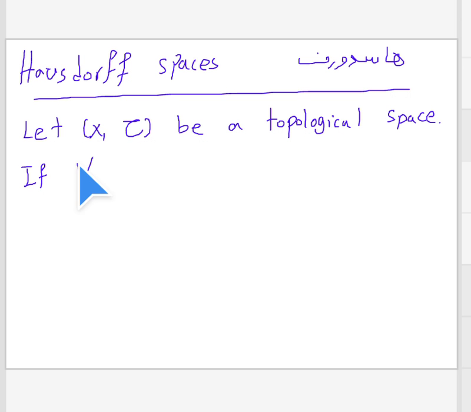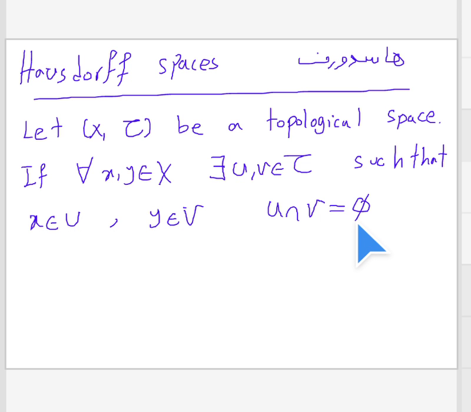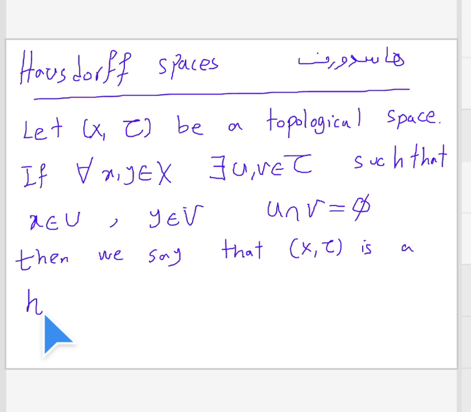If for every two points x, y in X, there are U and V in tau such that x belongs to U, y belongs to V, U intersection V is empty, then we say that (X, tau) is a Hausdorff topological space.